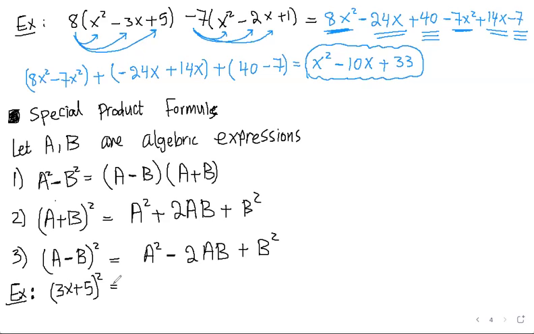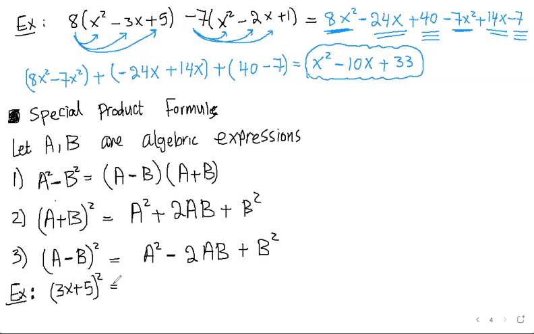How can we think about it for the first one? 3x plus 5, all of this squared. Look at the second one.